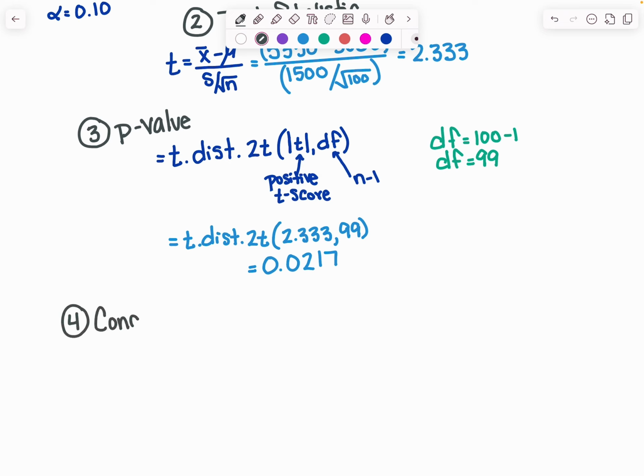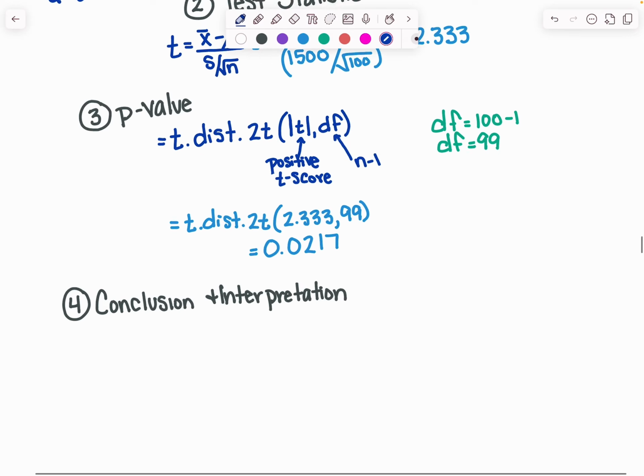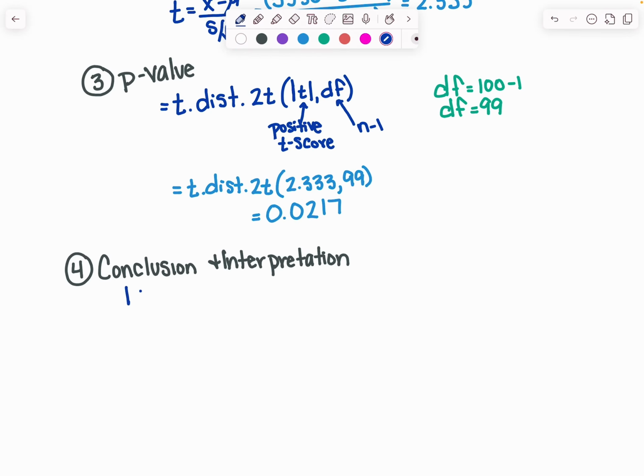So we're going to look at our conclusion and our interpretation. So conclusion, is our p-value less than our alpha? Is the probability too small?